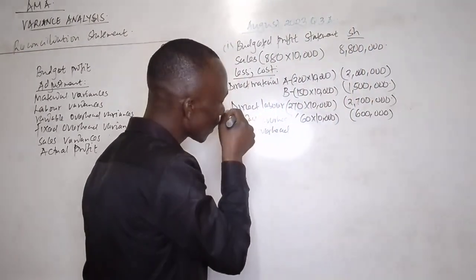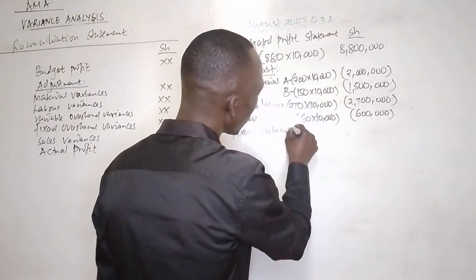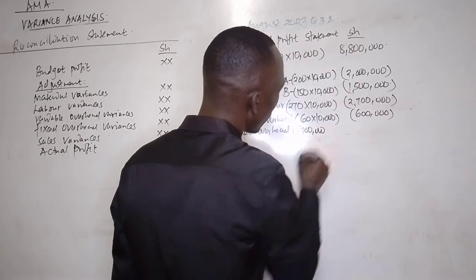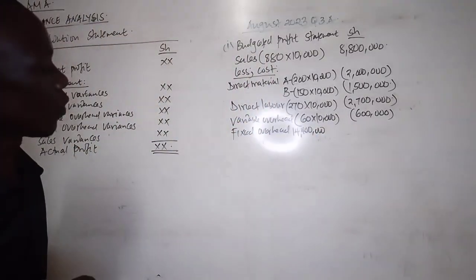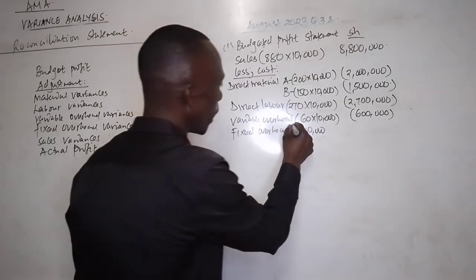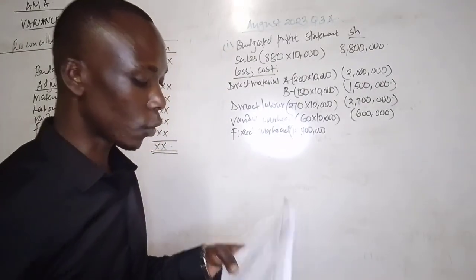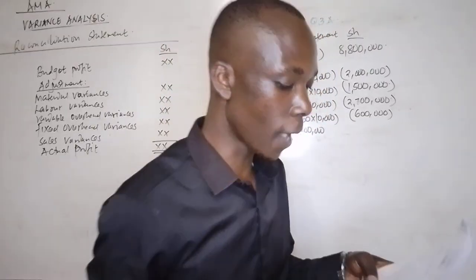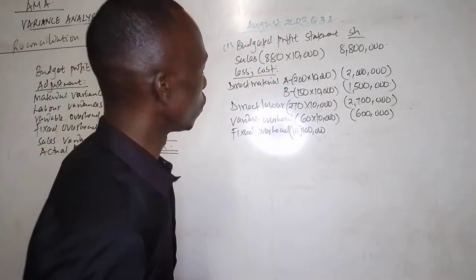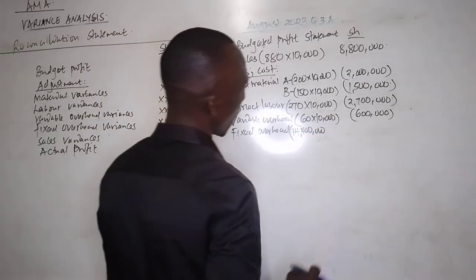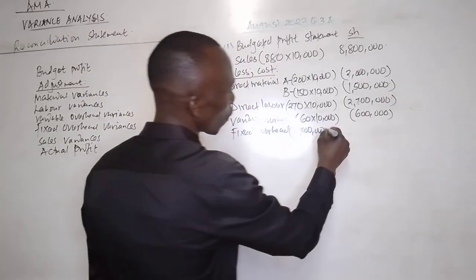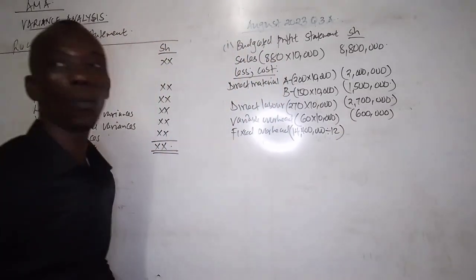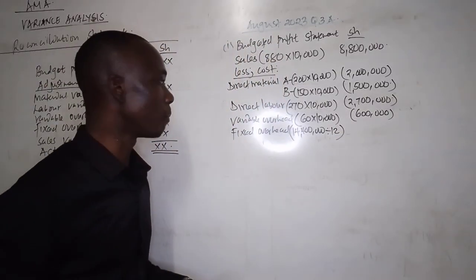So the examiner has given us the annual fixed overhead. But remember, the question is talking about the budgeted information of product BOMA for the month of July. So we are given a period of 12 months, so for 1 month we divide by 12.